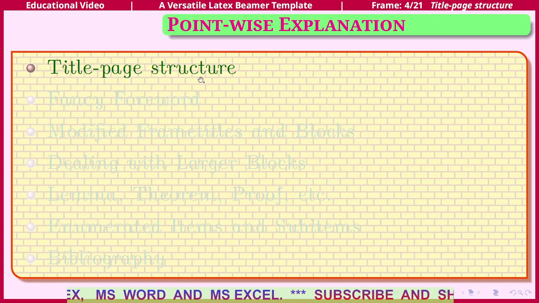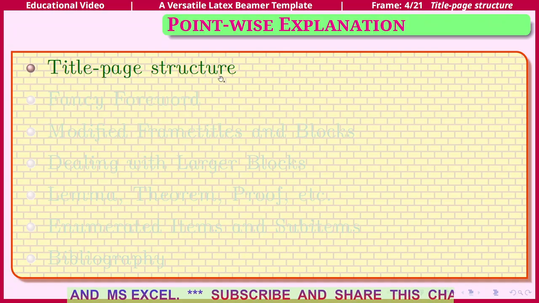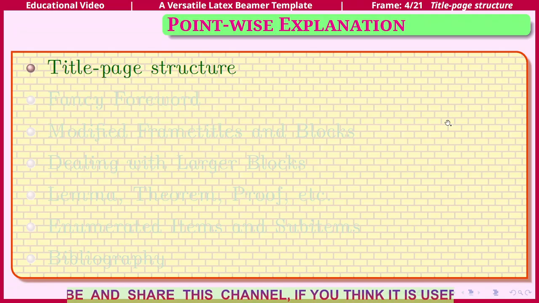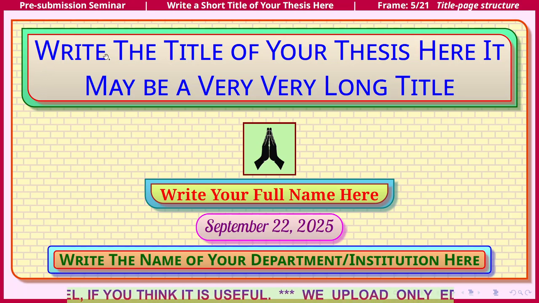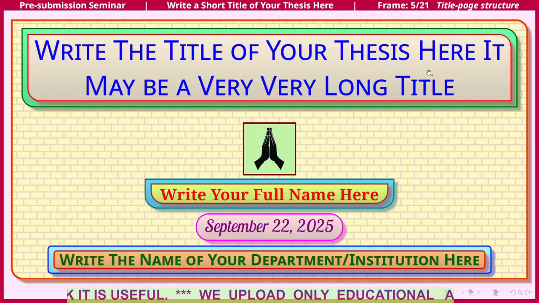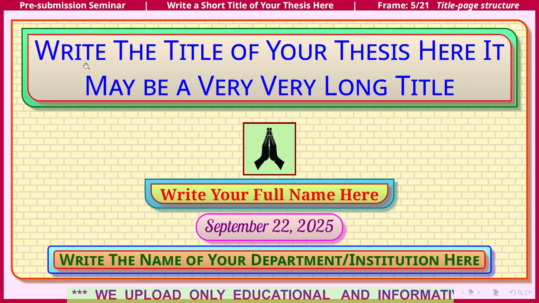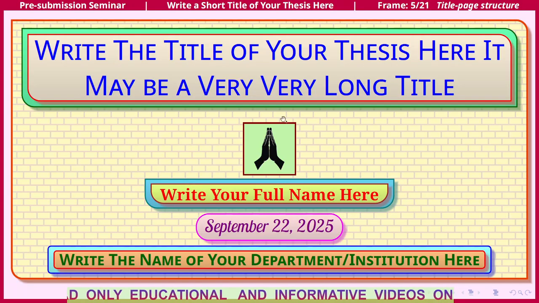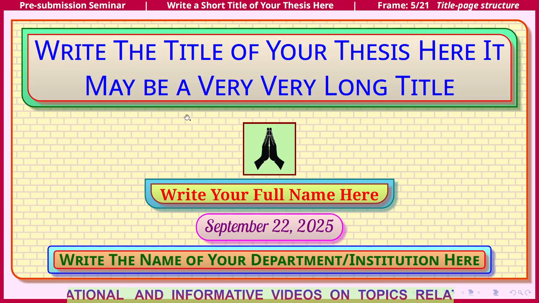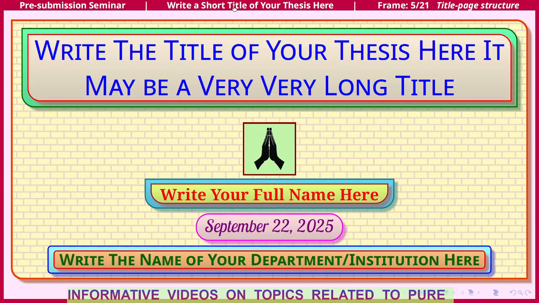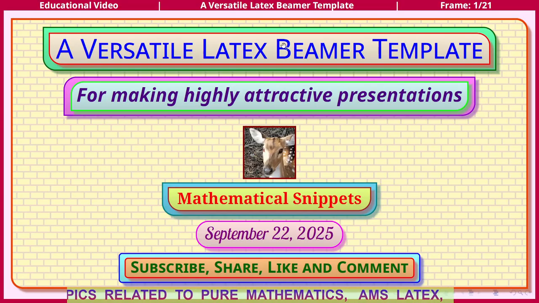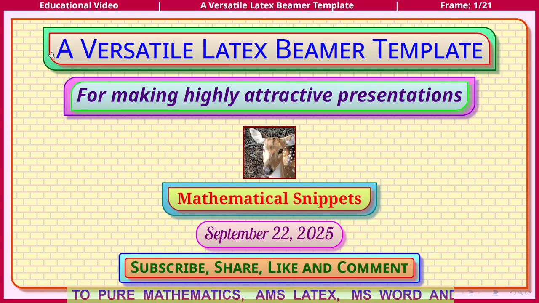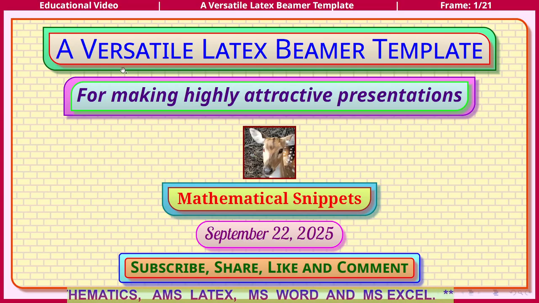So first of all, the title page structure. Now, if you see the title page structure, now see for a change. If the title of your thesis is very long, then you can actually remove the placeholder for subtitle. If you see the original title of this particular video, this is actually the place for writing the title, main title.